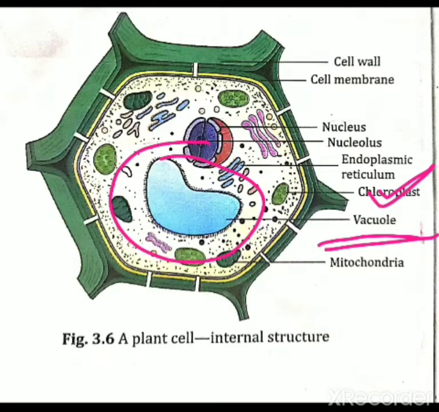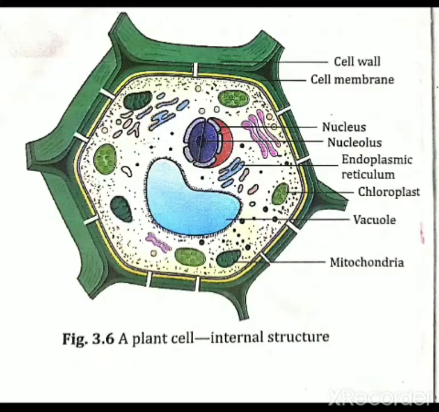Chloroplast is the green colored plastid. And what does vacuole mean? A vacuole is present in the cytoplasm. Vacuoles are found in large numbers in the plant cell, but in the animal cell they are very few and very small.